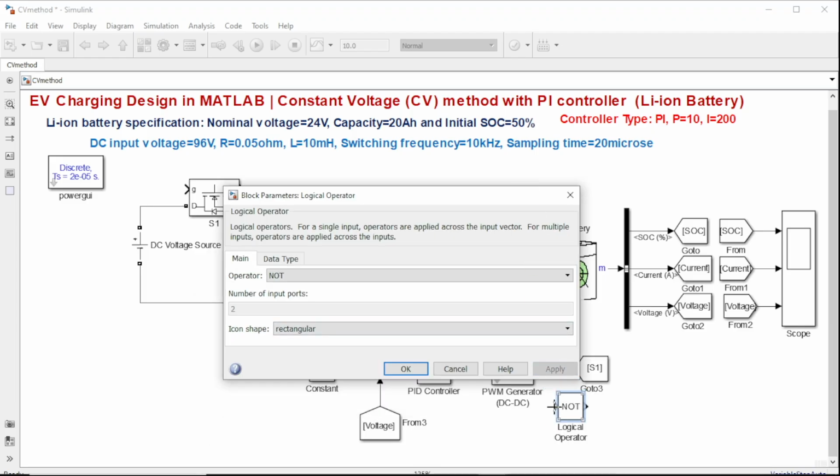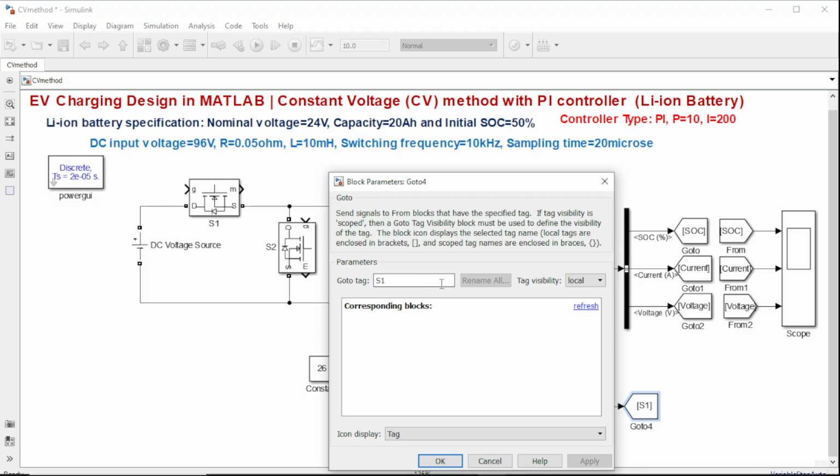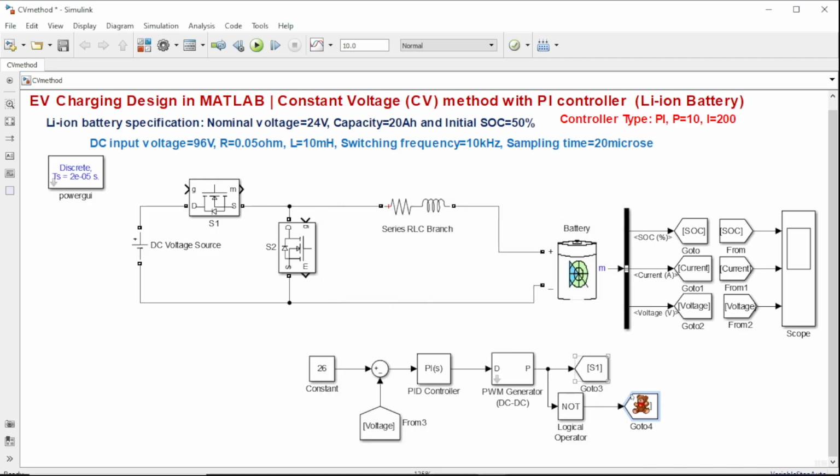Just apply it, okay, and connect it, and this pulse is for the switch 2. Okay, now just connect the signals. So this is directly go to switch 1, and this is directly go to for the switch 2.